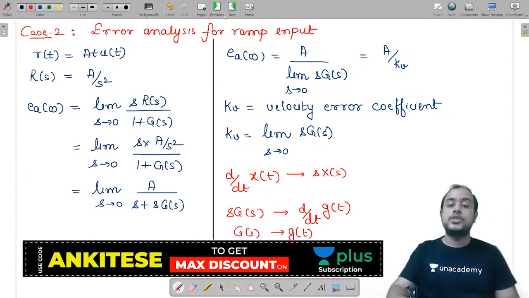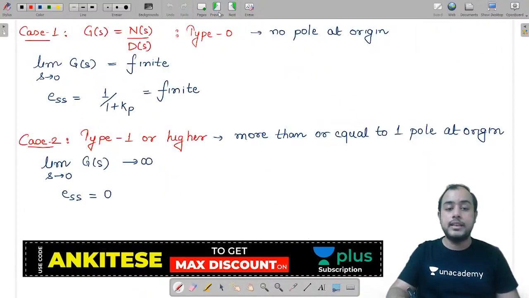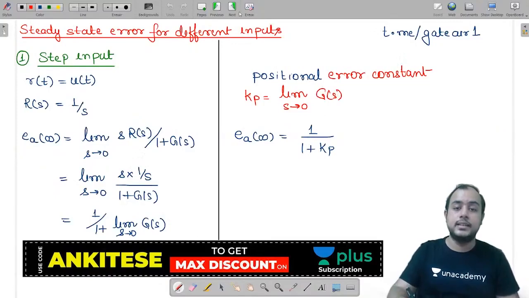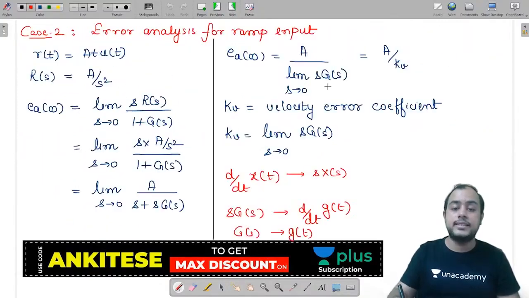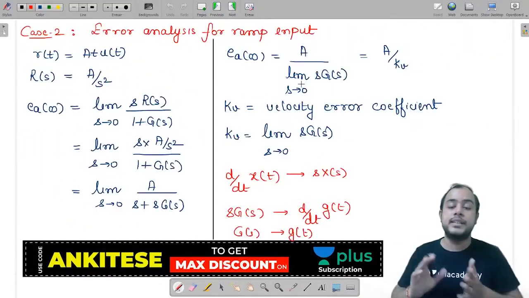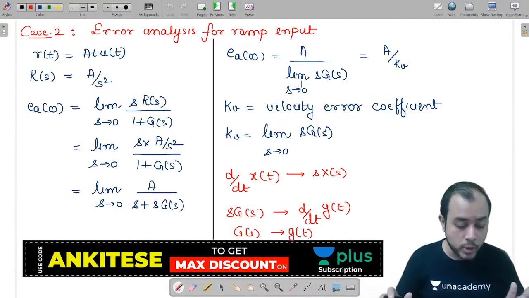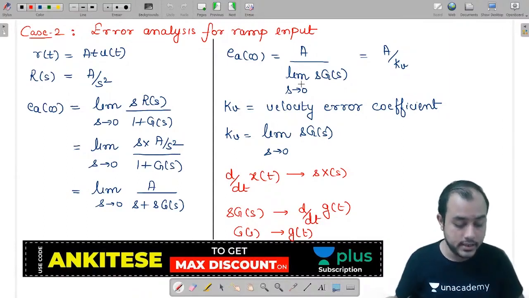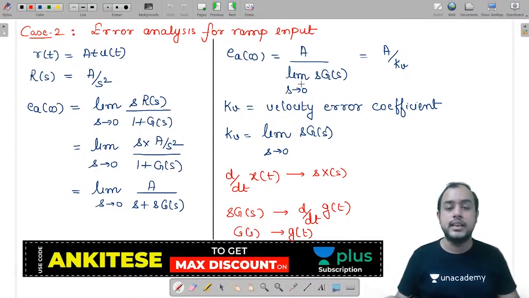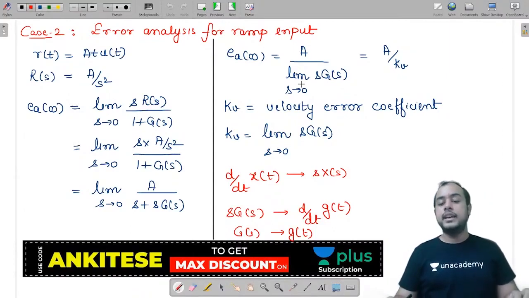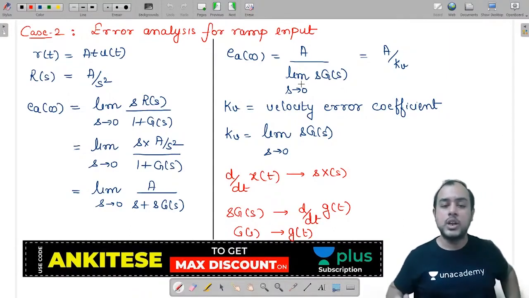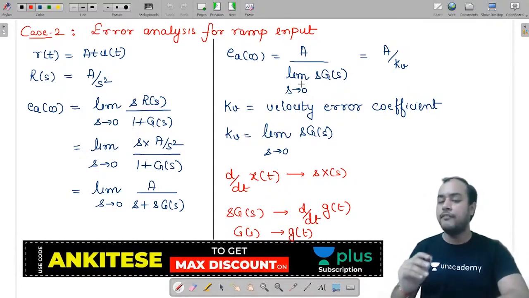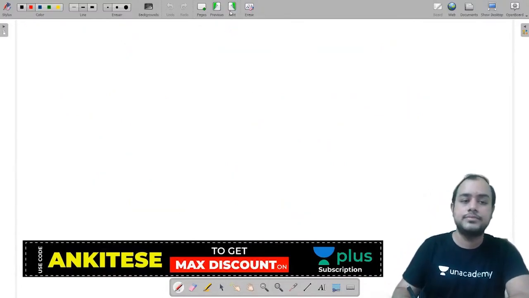Velocity. In Kp we only had G(s), but Kv has sG(s). sG(s) represents the derivative of position, and the derivative of position is your velocity. Is that clear? Quickly tell me everybody, why is it called velocity?